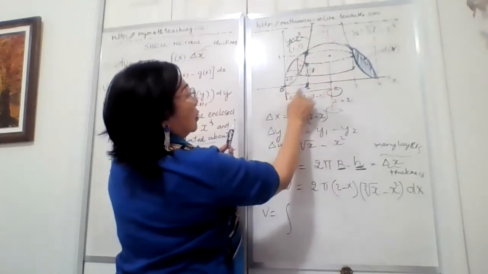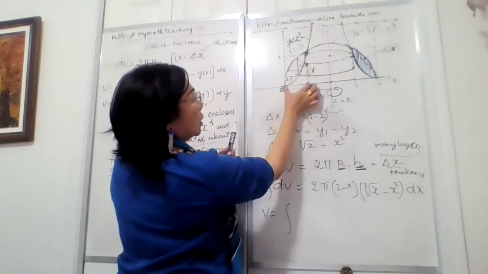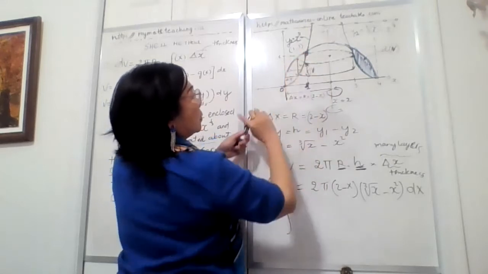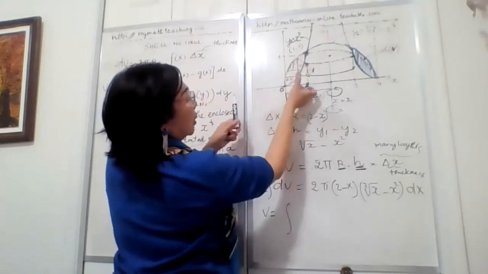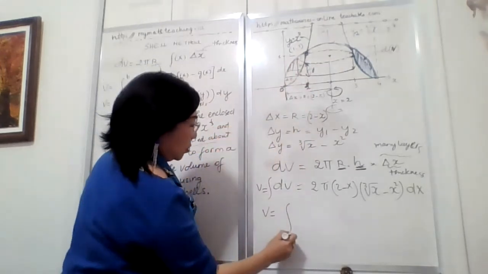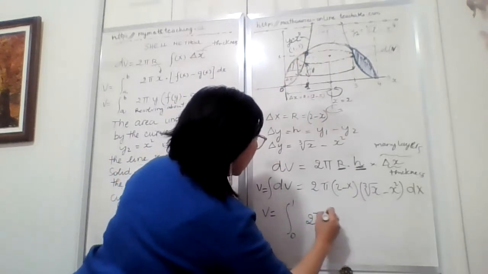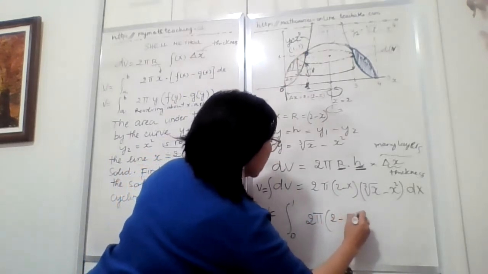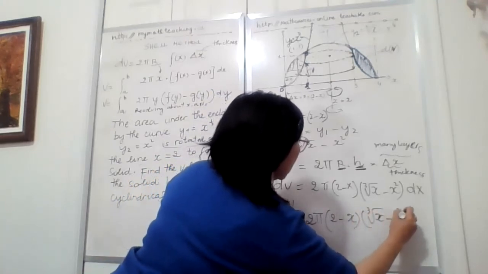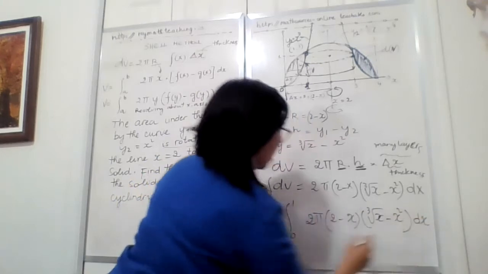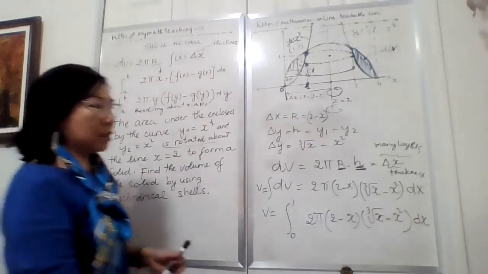But the layers of the cylindrical shell we generate from 0 to 1, because this is the region we generated. So from 0 to 1, and putting this formula in, we have the integral of 2 pi times 2 minus x times the root of x minus x squared dx. Okay, and that is our answer for this question here.